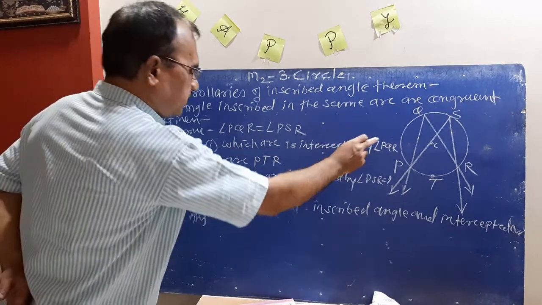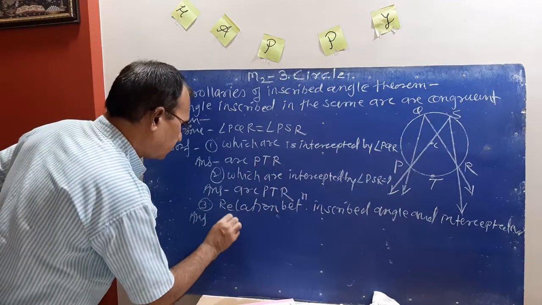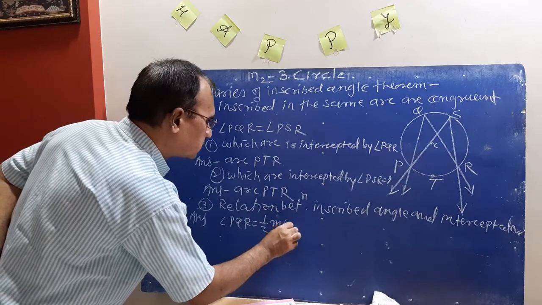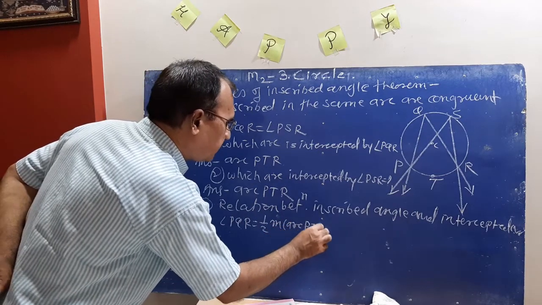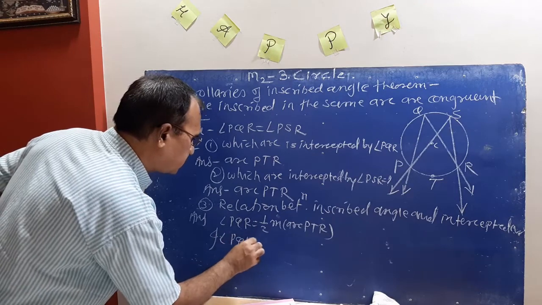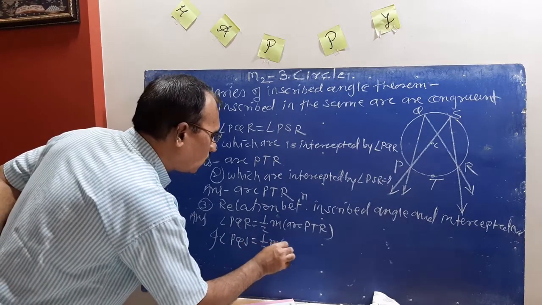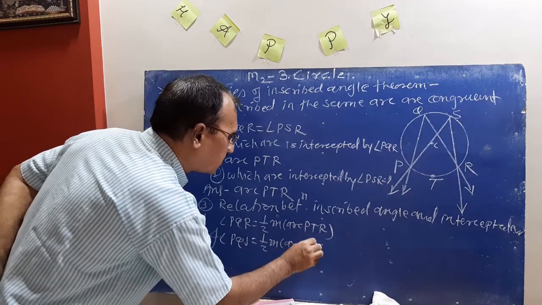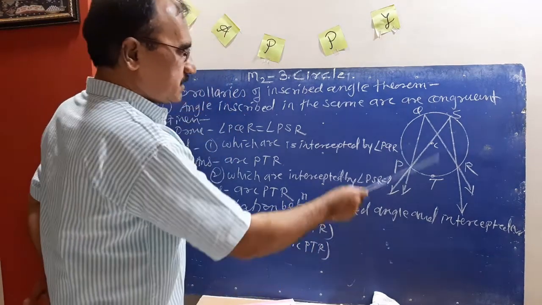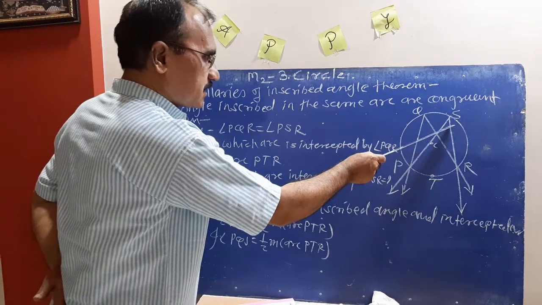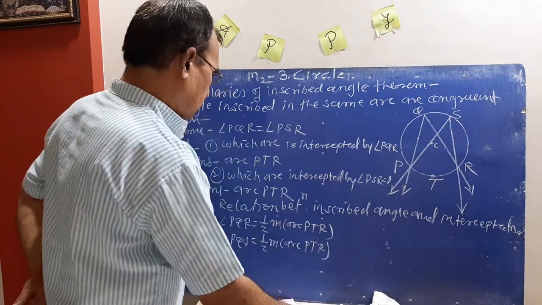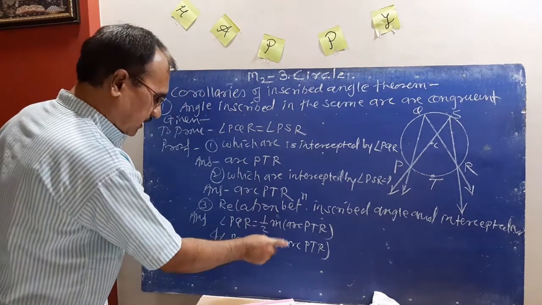Angle PQR is equal to 1/2 measure arc PTR, and angle PSR is equal to 1/2 measure arc PTR, because the same arc inscribes these angles.